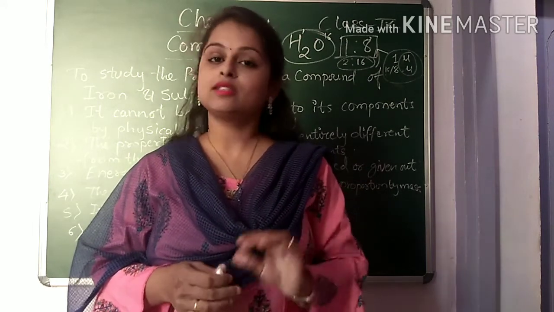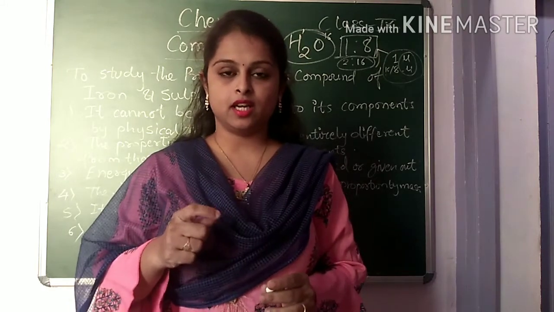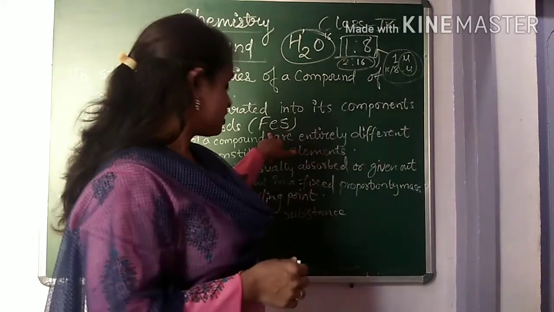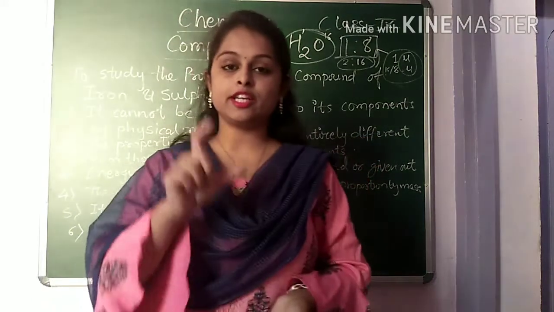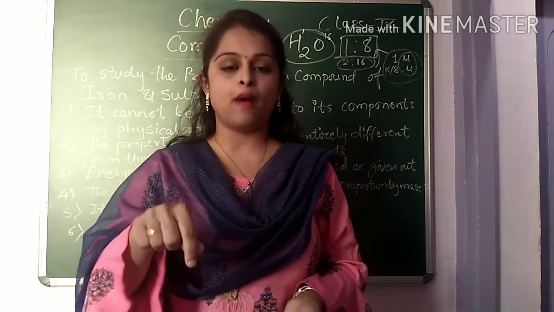So this is formed. Now we are taking the magnet. What is the product we got? Iron sulfide. Okay, we take the magnet and just roll it over on this compound which we got.